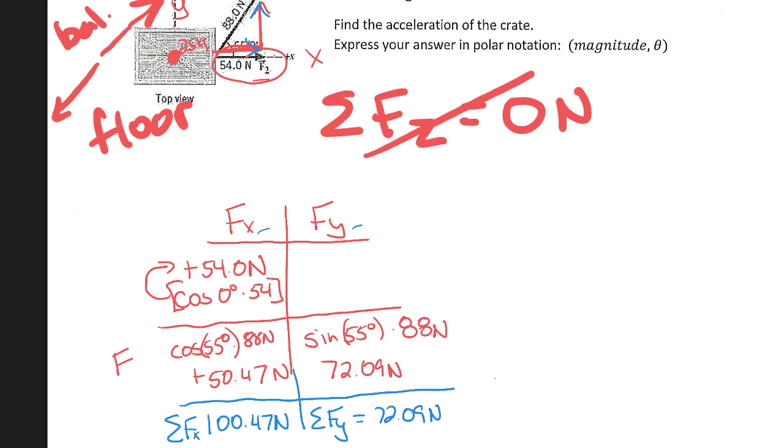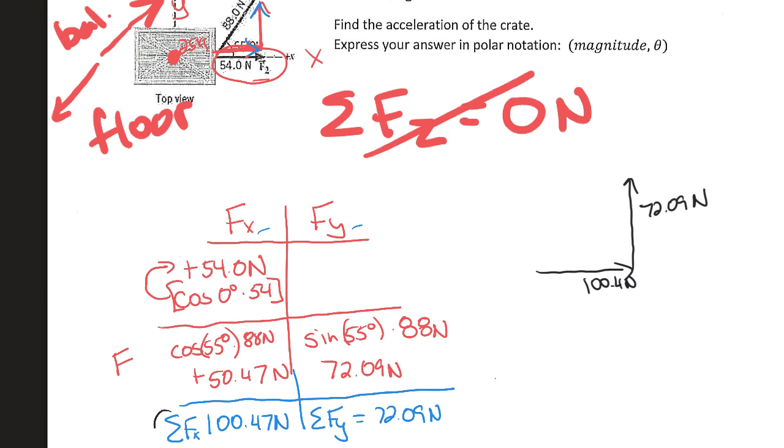We're going to do the Pythagorean theorem. So I'm going to grab a black pen, and we have a 104.47 Newton vector, adding it head to tail with a 72.09 Newton vector. That wasn't visible until we really found their x's and y's.